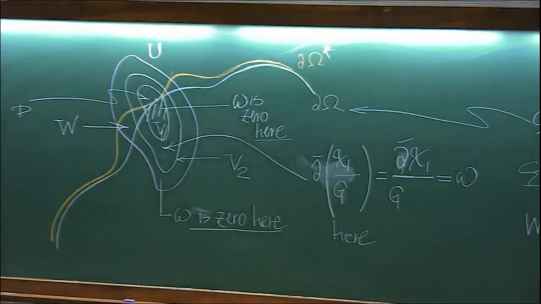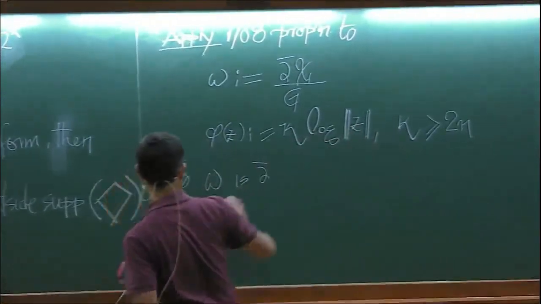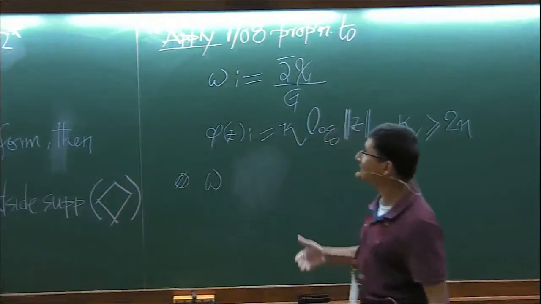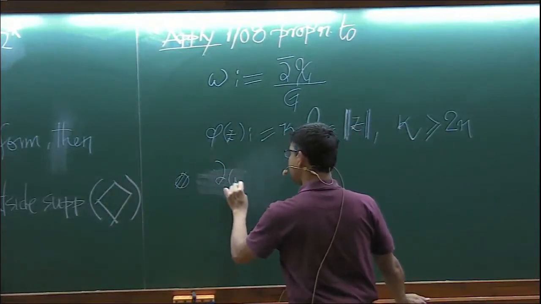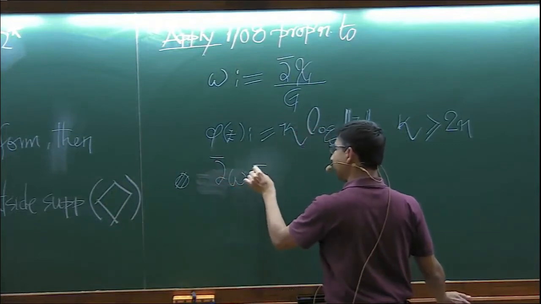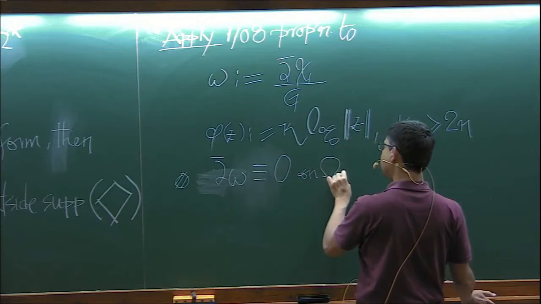Here are the two key properties. Omega is d bar exact, d bar closed. That it is d bar exact is the consequence of our theorem. So simple statement, d bar of omega is in fact identically zero on omega star.